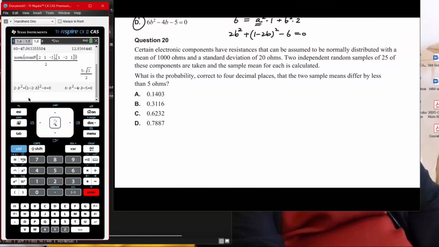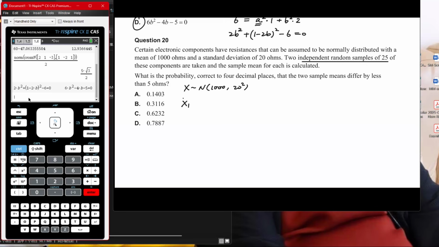Okay, certain electric components have resistances that can be assumed to be normally distributed with a mean of 1,000 ohms and a standard deviation of 20 ohms. Sounds like a physics question, but it's a proper stats question. So let's say X is normal with 1,000 and 20 squared, that's the variance. Two independent random samples of 25.